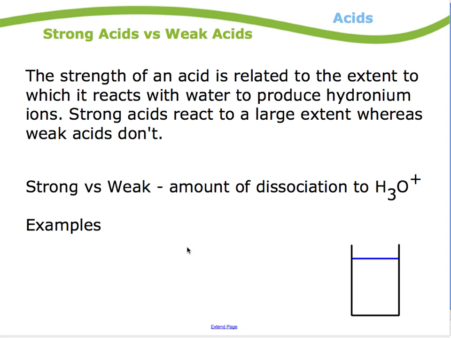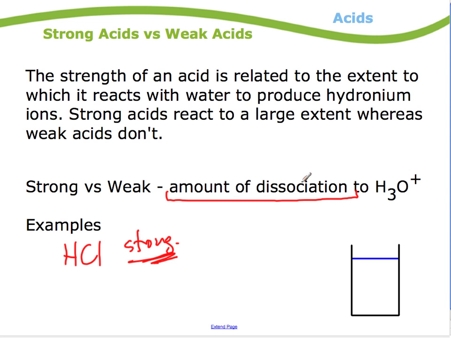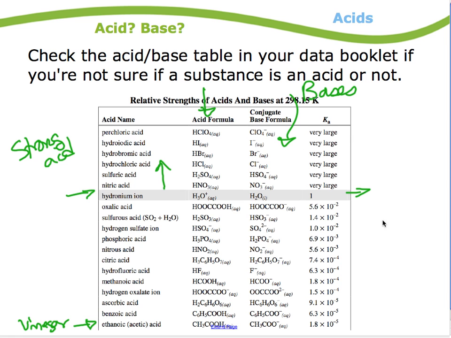So, strong acids, weak acids. An example of a strong acid would be hydrochloric acid. That's a strong one. And the reason why it's strong is due to the amount of dissociation, or I guess ionization might be the proper term, ionization into hydronium ions. So these ones up here are strong because they ionize into hydronium ions.